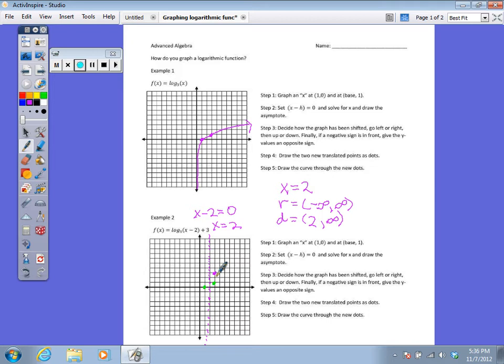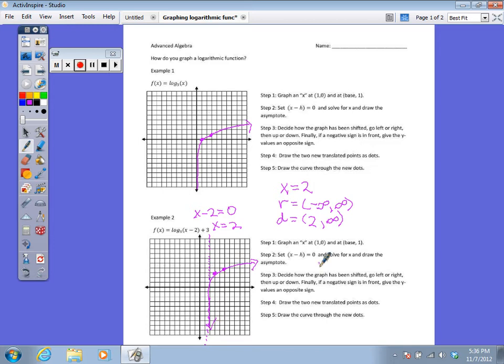I'm going to move the other point in the same transformation, 1, 2, 1, 2, 3. And now those are my points. My asymptote is the same. I connect the dots with a smooth curve.